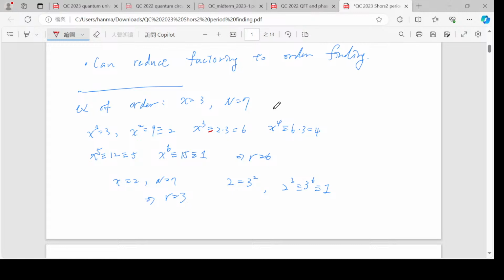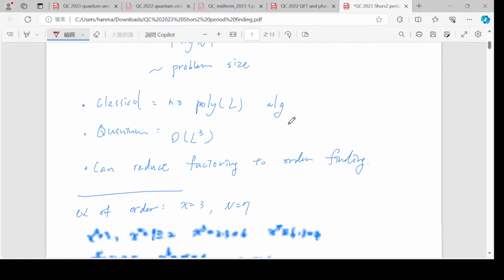Different x will have different order, but our purpose now is being able to find the order for any pair of x and n. Any question about what this order finding algorithm is trying to do?